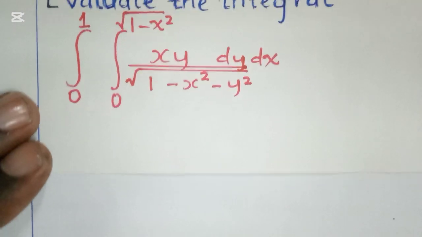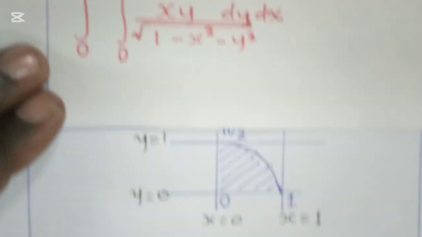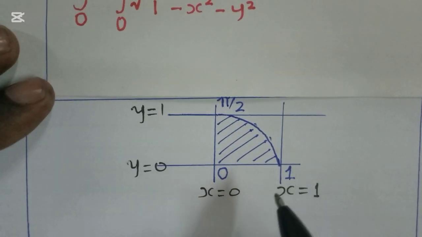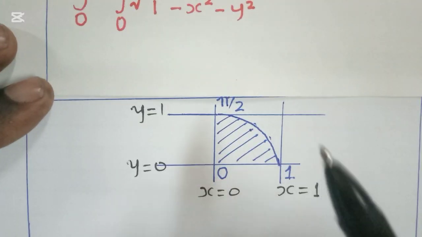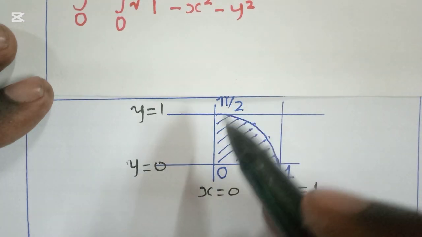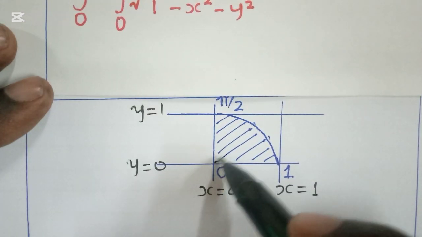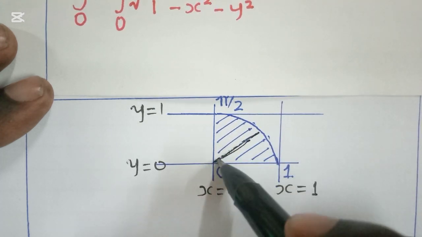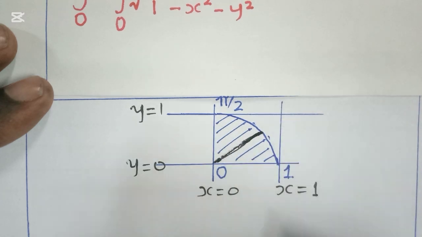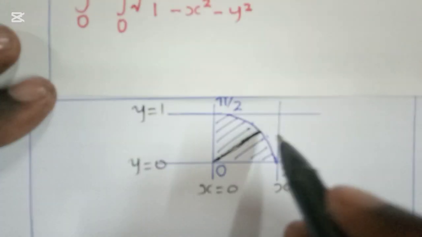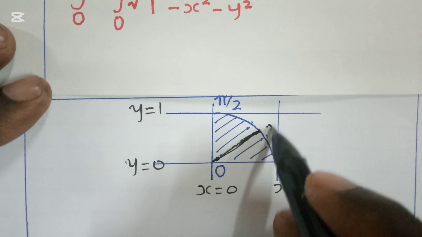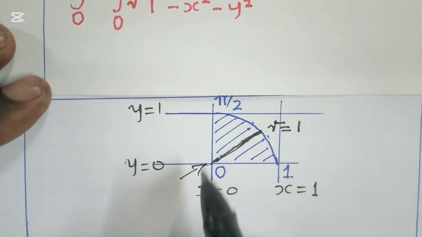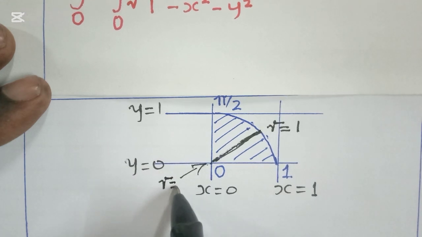So guys, we start this question with drawing the domain. This one we had already drawn. What we are going to do is integrate along the r-axis, where at the circumference r equals 1, and at this point r equals 0.